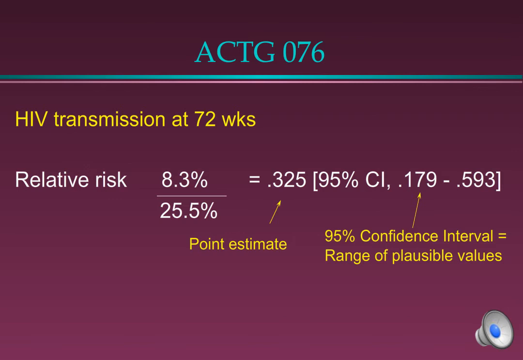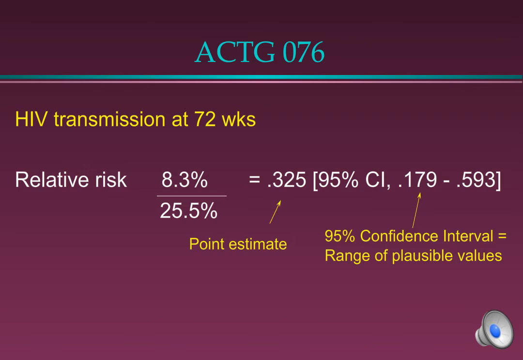The confidence interval gives you a range of plausible values: if you repeated the study over and over again, assuming that the point estimate is correct, that the real biological phenomenon is 0.325, you would expect 95% of the time to find a relative risk between 0.179 and 0.593. Notice how this differs from the p-value, and we prefer not to use p-values in this case.